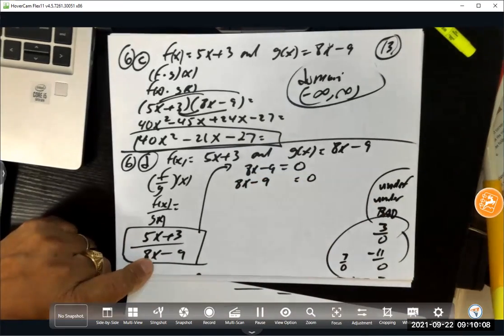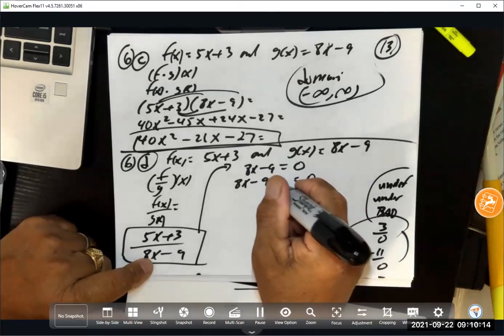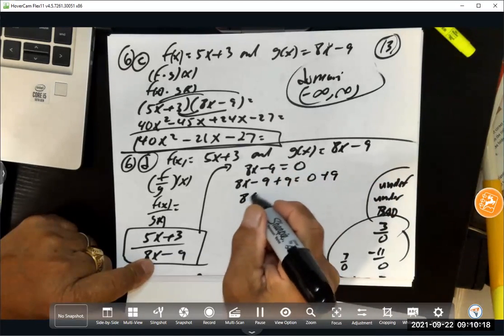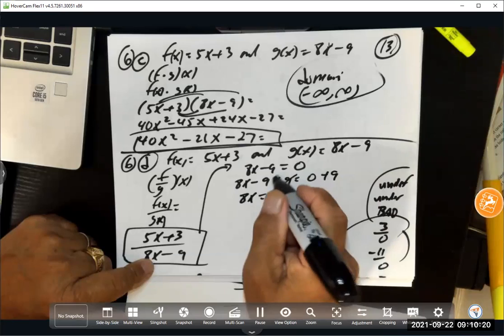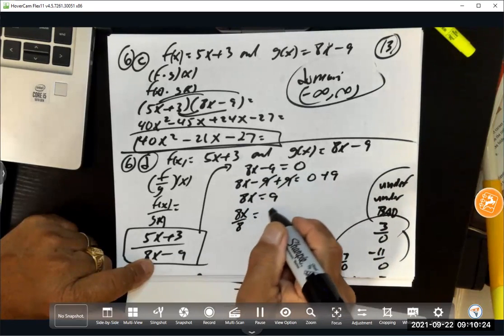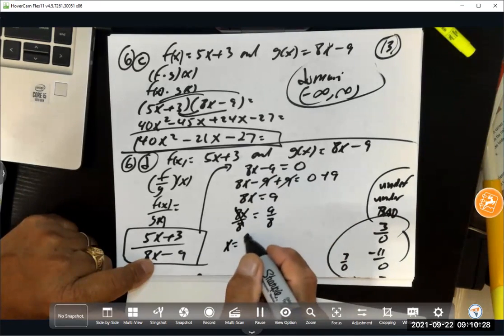Add something. Add 9. Yeah, there you go. Plus 9, plus 9. 8x equals 9. Now, I'm going to divide this one by 8, and I'm going to divide this one by 8. So these are gone. So x equals 9 over 8.